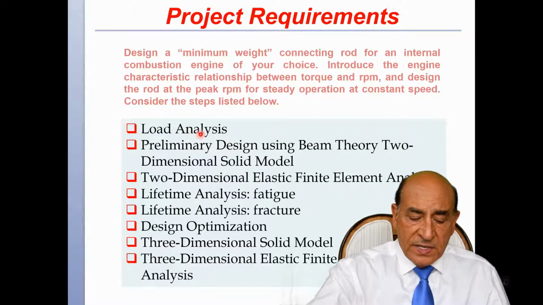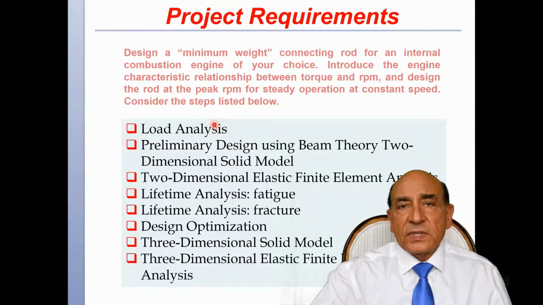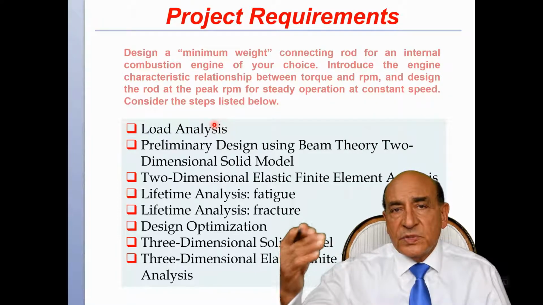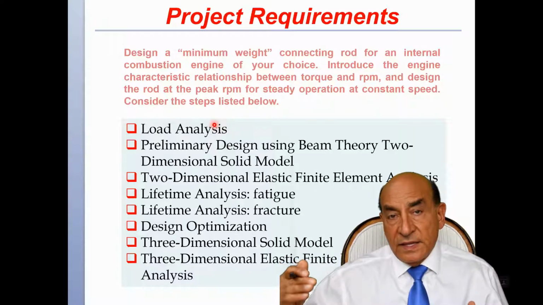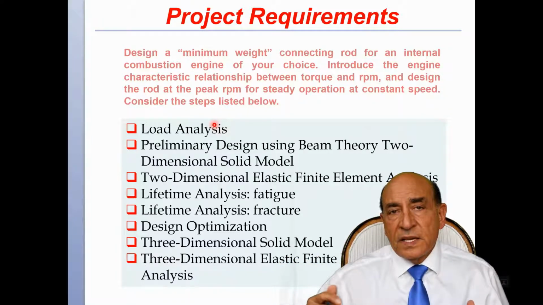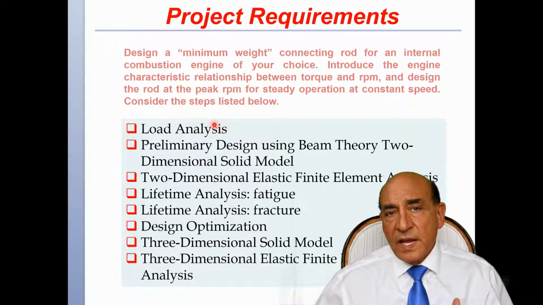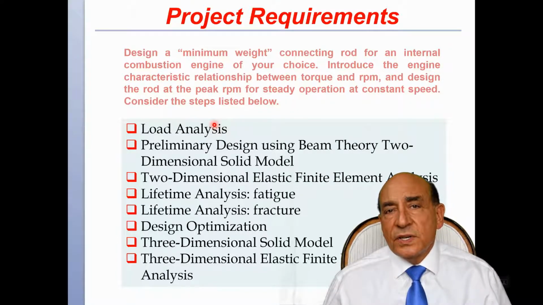So the first step is load analysis. We will identify the pressure coming from the cylinder, the forces between the piston and the rod, PR, and the forces between the rod and the crankshaft, RS, S is shaft, so we have two ends. And then the rotation, because of the RPM, is also going to produce loads that are inertial.